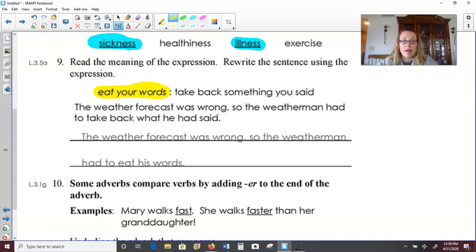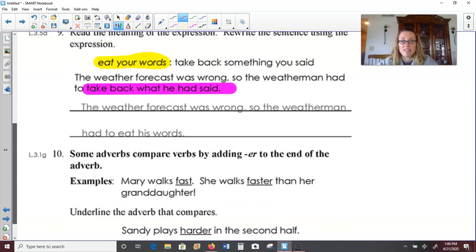So the weather forecast was wrong, so the weatherman had to take back what he said. So instead of saying take back what he had said, we're going to fill in eat your words. So you can see the new sentence, the weather forecast was wrong, so the weatherman had to eat his words. So he had to take back what he said because he was wrong in his prediction of the weather. So that's kind of a silly thing to say.